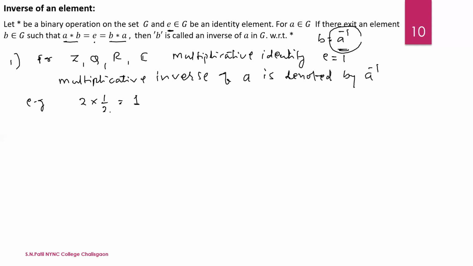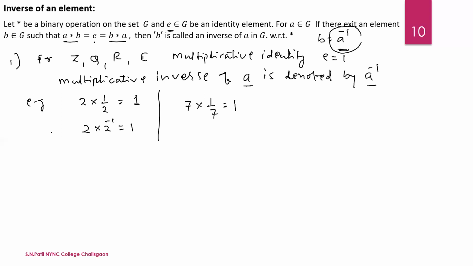When we multiply by 1 by 2, that is 2 into 2 raised to minus 1 is 1. That is A and A inverse. You can take any element: 7 into 1 by 7 is equal to 1. Multiplication is the star operation.